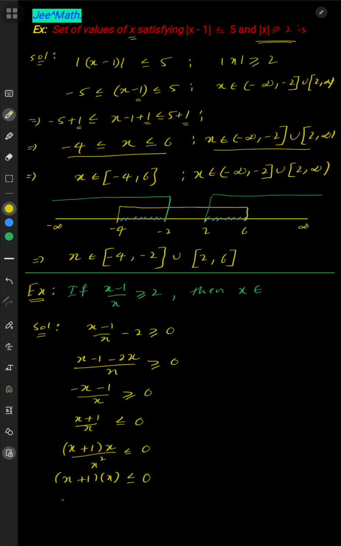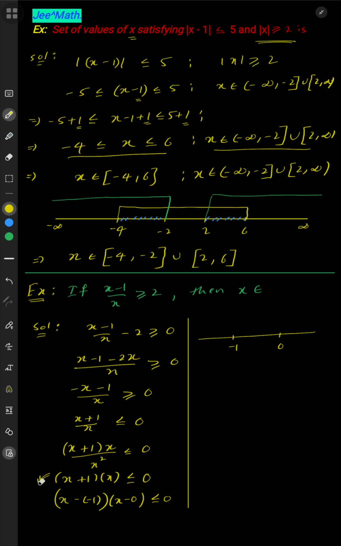Okay. Now see here, this is like (x minus of minus 1) into (x minus 0) less than or equal to 0. So now see here, taking the real line, minus 1, 0. Before minus 1 you take any value and apply it in this inequality. So before minus 1, suppose minus 10 is there.